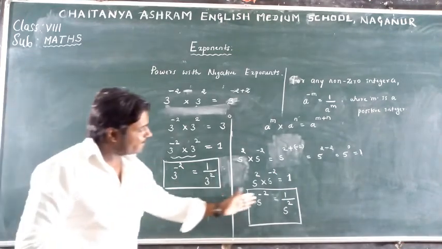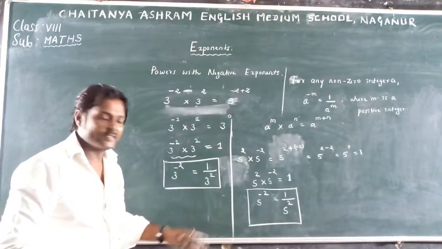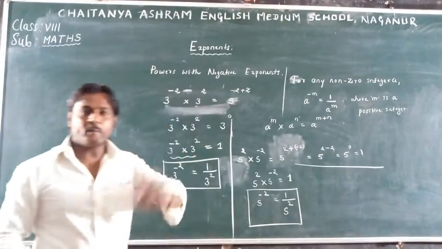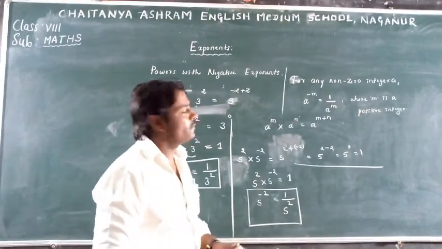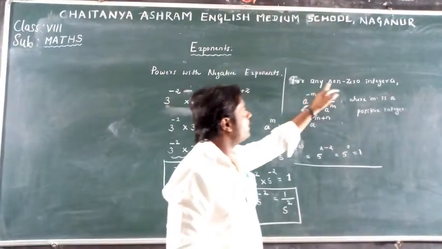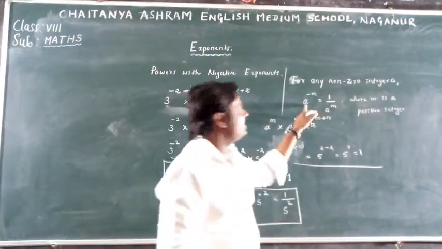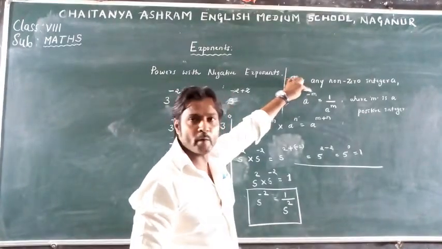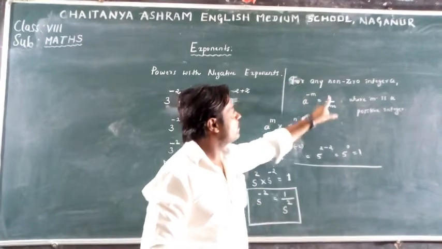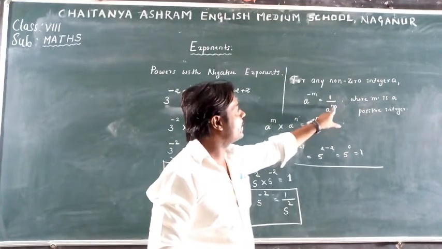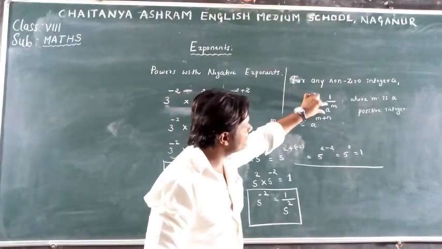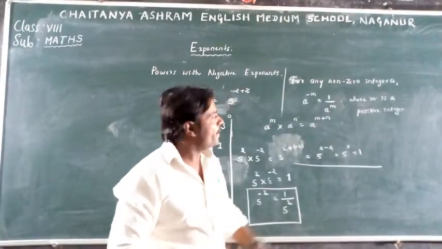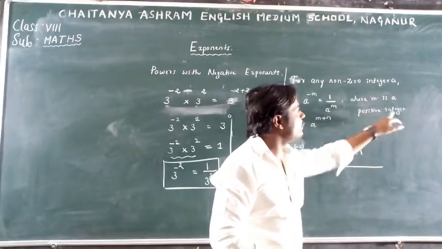From these simplifications, we generalize another property for finding the value of a negative exponent. For any non-zero integer a, where a is an integer not equal to 0, a to the power minus m is equal to 1 divided by a to the power m, the same exponent in the denominator but with a positive power, where m is a positive integer.